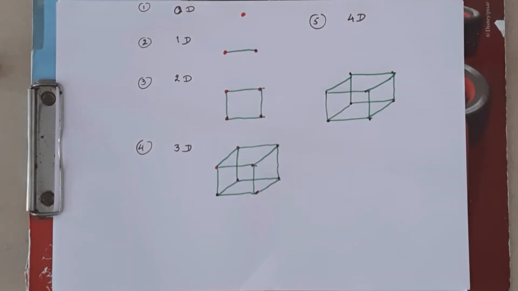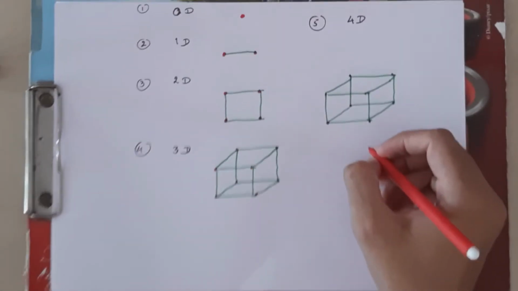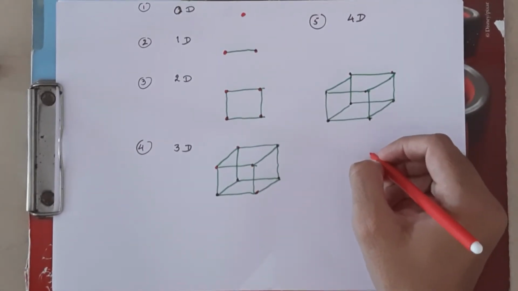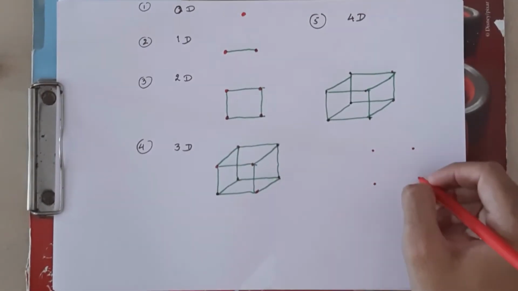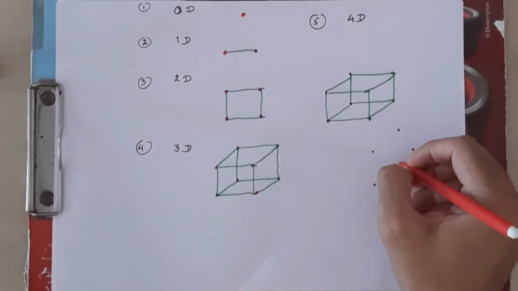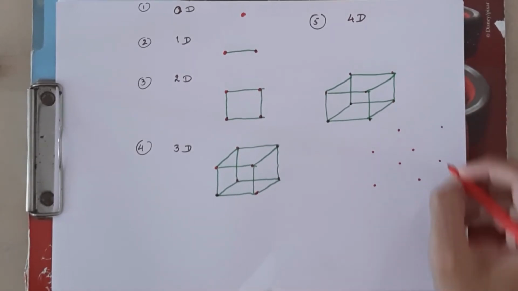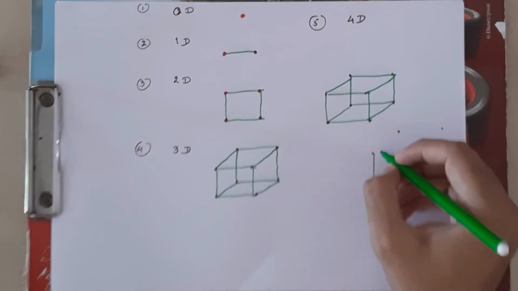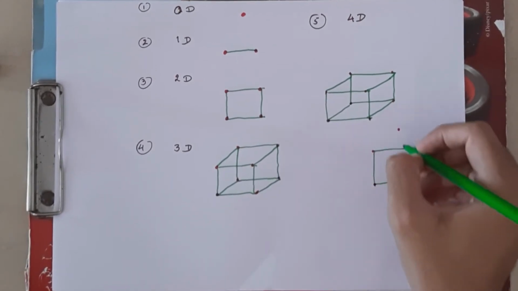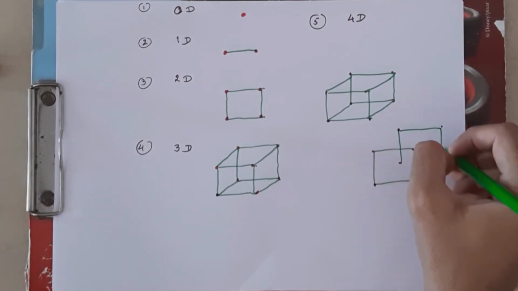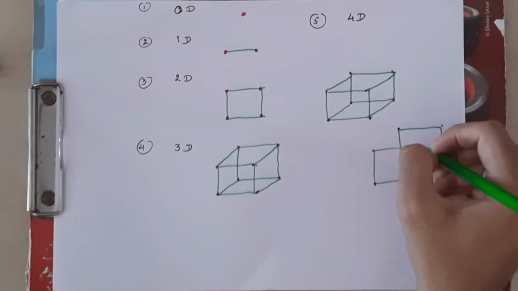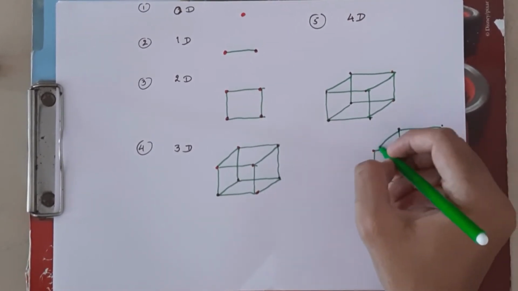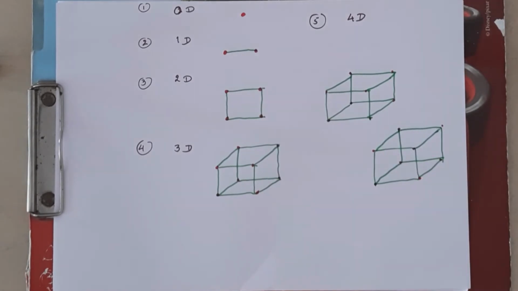Now I have to repeat it again, so we repeat it here. Then I have to join the corresponding points. Which are the corresponding points here?